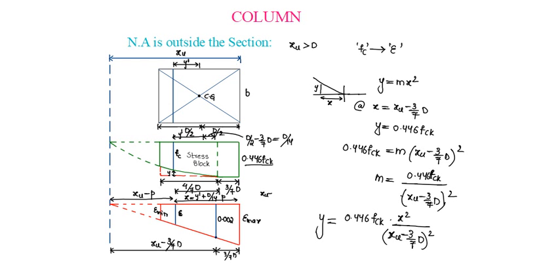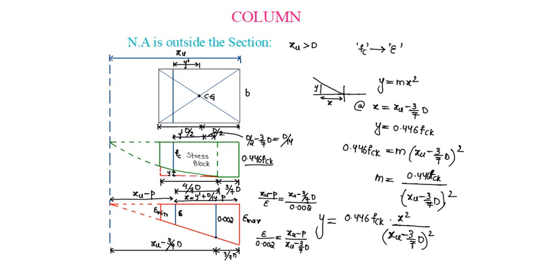Xu minus p by epsilon will be equal to xu minus 3/7 of d by 0.002. From this, epsilon by 0.002 will be equal to xu minus p by xu minus 3/7 of d.